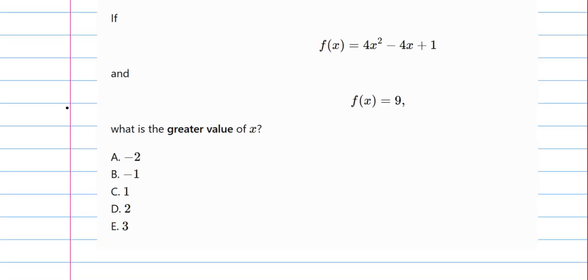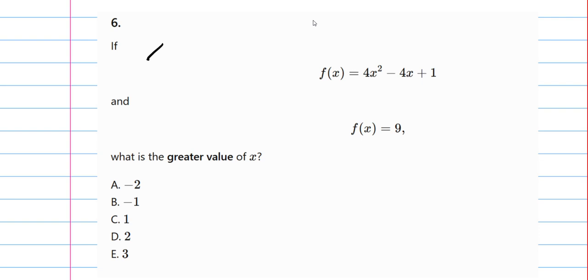Number 6, this is the same as number 4 if I'm right. You can use the quadratic formula or the AC method, either way. So for f of x, you can just substitute it straight on. So that would be 9 is equal to 4x squared minus 4x plus 1.